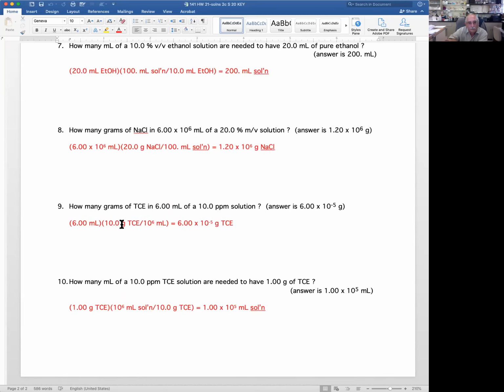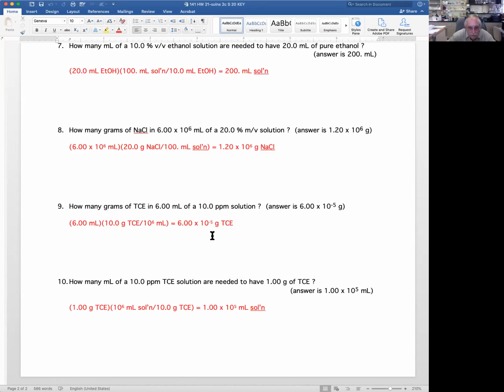So how many grams of TCE in 6 milliliters of a 10 parts per million solution? So again, 10 parts per million is my conversion factor. That's the concentration. So this is 6 milliliters of the solution. I want to get rid of milliliters of solution, keep grams of TCE.